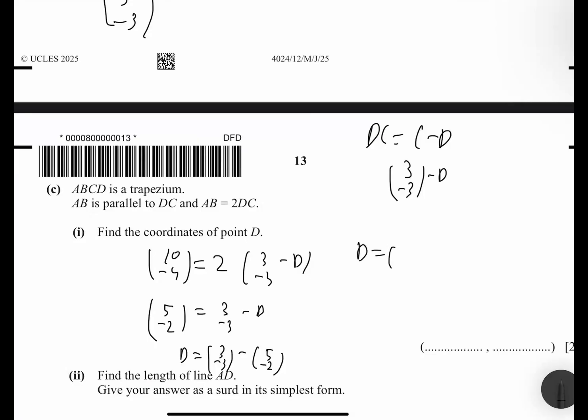So D is equal to 3 minus 3 minus 5 plus 2. So now that we do it, D is equal to minus 2 and minus 1. The top number is the x coordinate and the bottom one is the y coordinate.